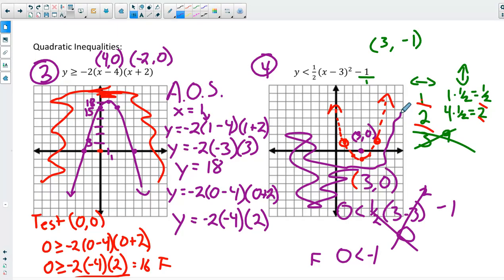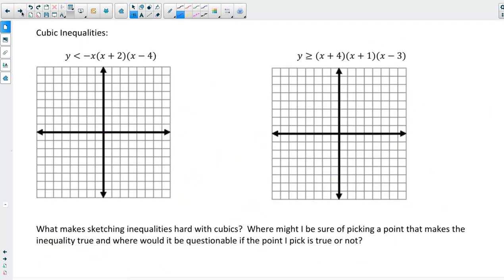Questions? Cubics. What are the zeros for this cubic?